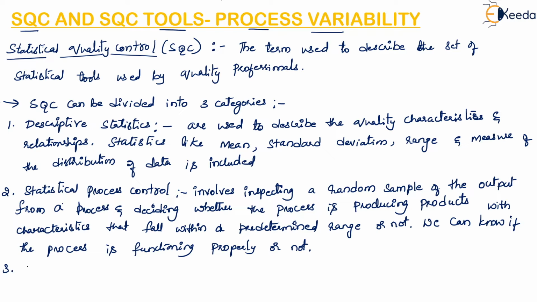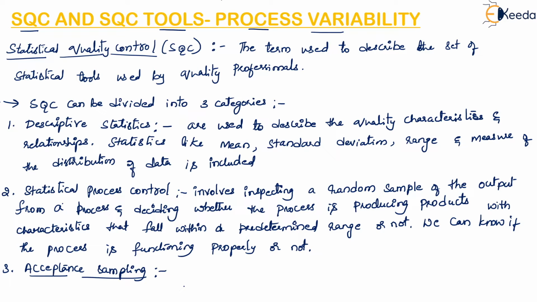So the last one, that is the acceptance sampling. So acceptance sampling is a process of randomly inspecting a sample of goods and deciding whether to accept the entire lot based on the result. So for example, if there are some 1,000 products or goods which are produced. So from that 1000 products we will collect some 10 products and we will inspect these products.